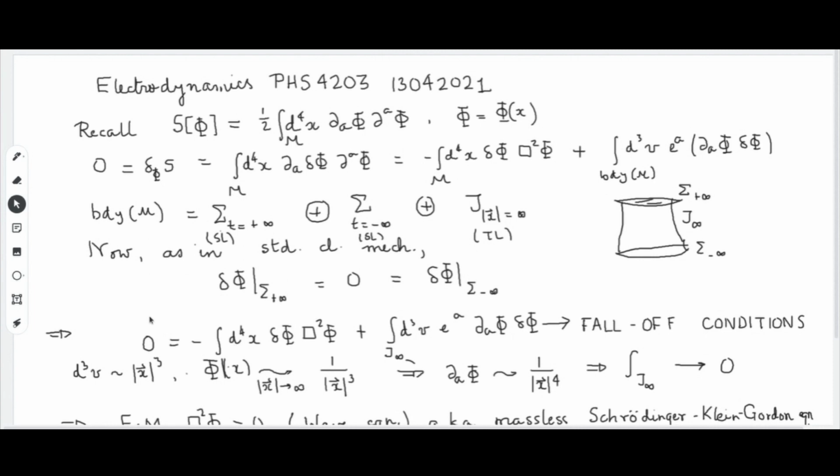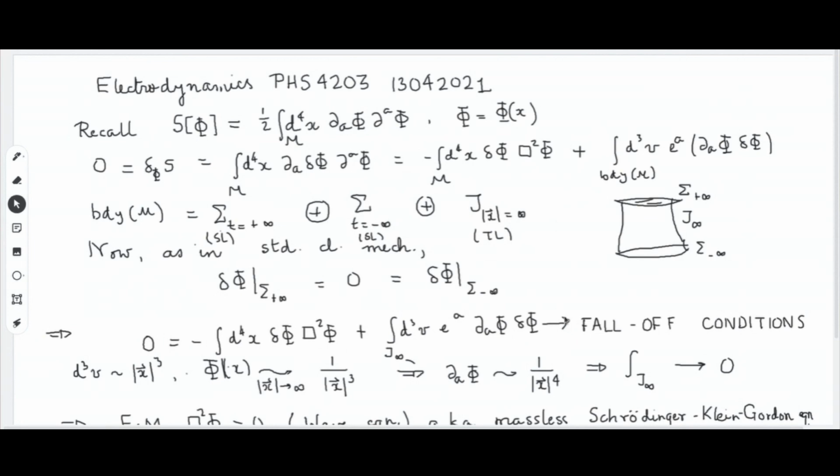So what we are left with is 0 equal to the bulk term, which was this term, plus one boundary term, located at spatial infinity, mod x going to infinity. Now, this one will not die just by itself. What we have to impose are called fall-off conditions.